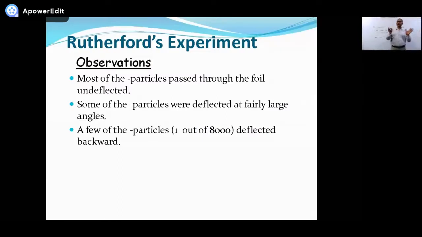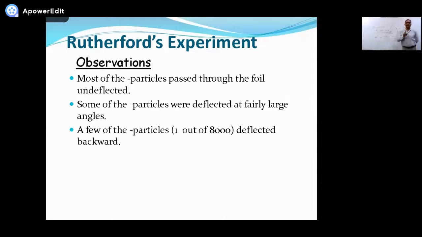When the topic is to explain the Rutherford atomic model, you will write the experiment arrangement, then the observations. These three main headings are there: experiment, observation, and conclusion. And the diagram also. Without showing these three or four things, your topic will be incomplete.